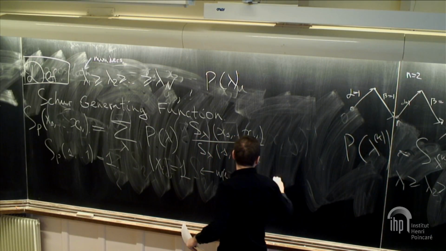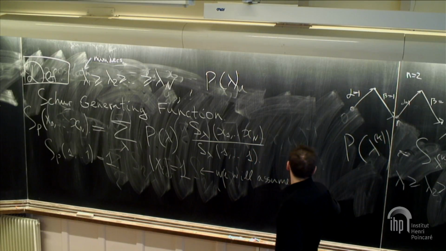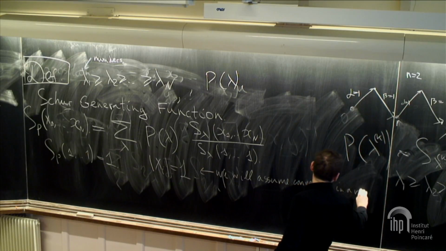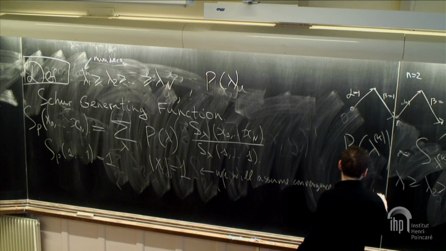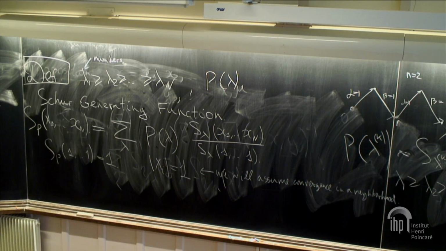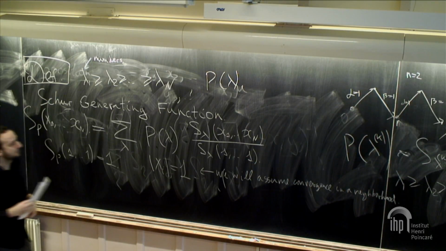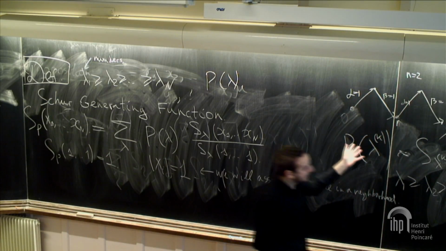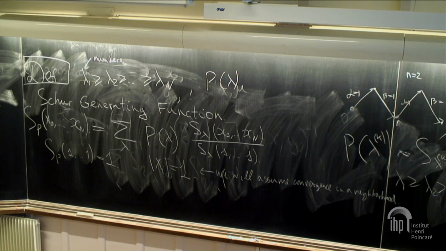So we will assume convergence in a neighborhood, I mean a complex neighborhood of this thing. Which is like saying that p decreases somewhat. Yeah, exactly. There is some kind of tail bound on this p. For example, in our case of the Aztec diamond, that is automatic just because everything was finite.